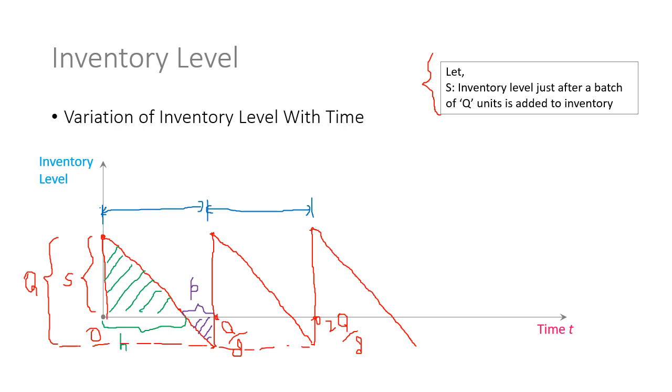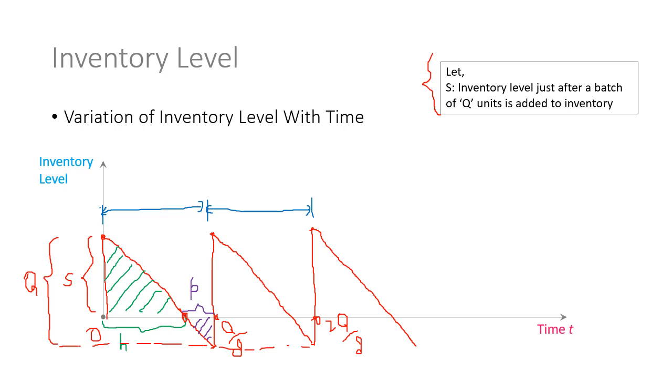Now we also want to find out the duration of the green portion, or the time interval after which the number of units in inventory becomes 0.